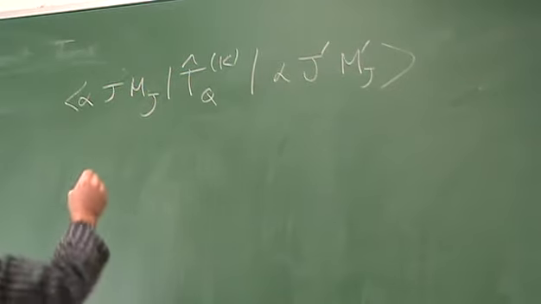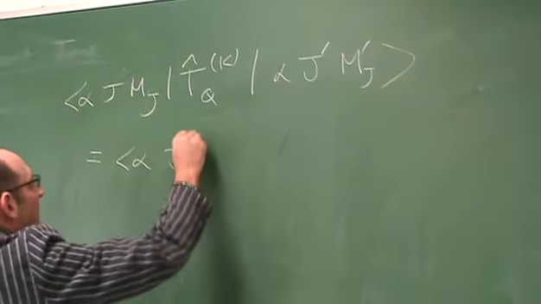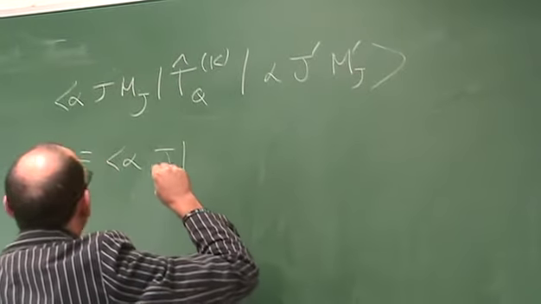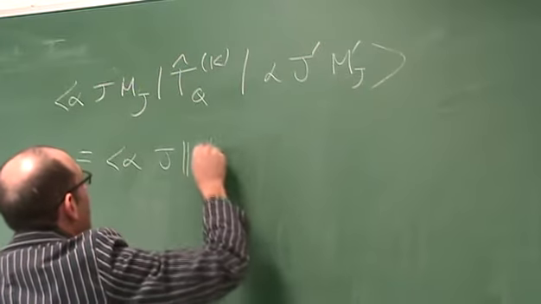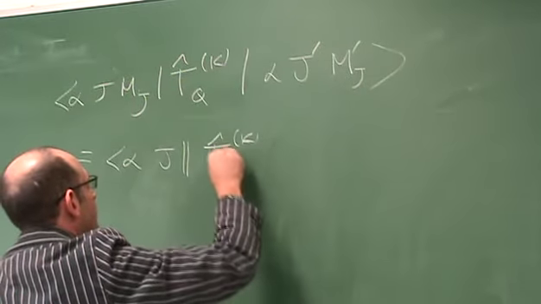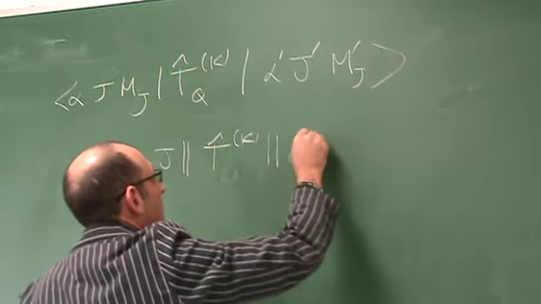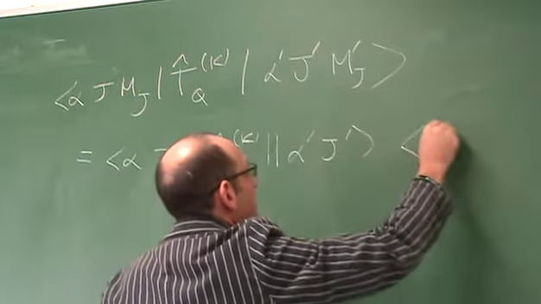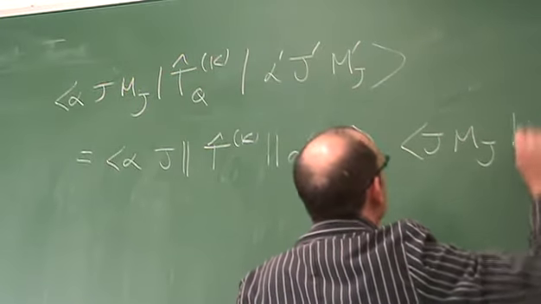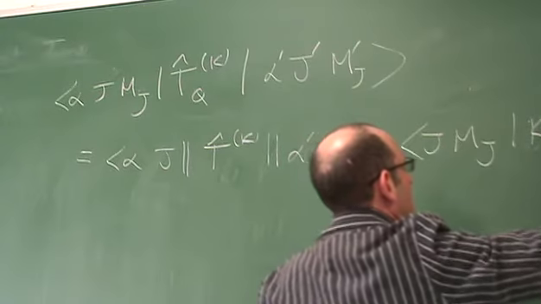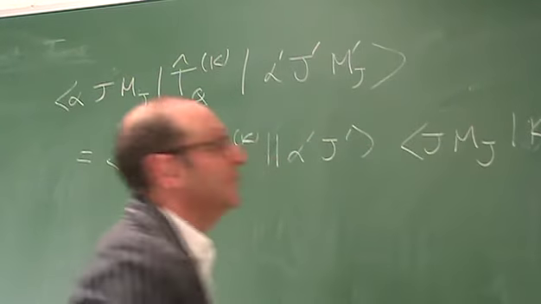Well, this, according to the Wigner-Eckart theorem, is this reduced matrix element times this Clebsch-Gordan coefficient. Right?